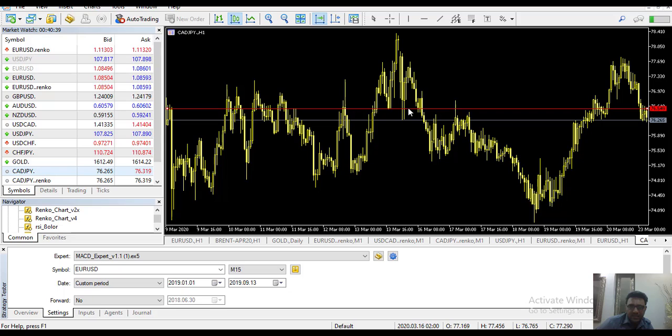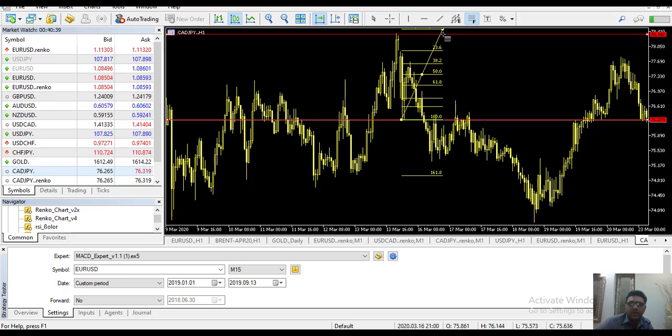But let's consider this one, right? If we consider this one, then our stop loss would be hit. Yes, that's not the criteria. So let's consider this one, right? And this is our stop loss. It's a huge stop loss. Okay, and we will try to check if our TPs can be hit.